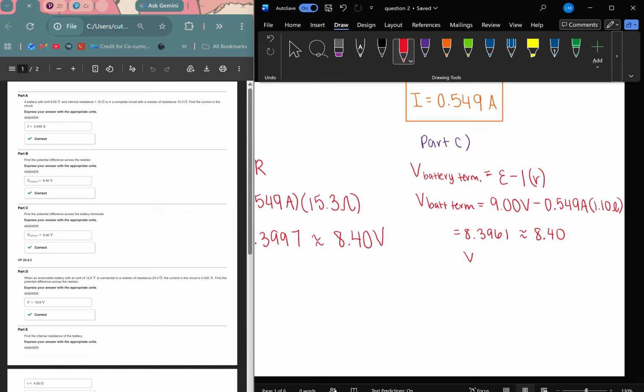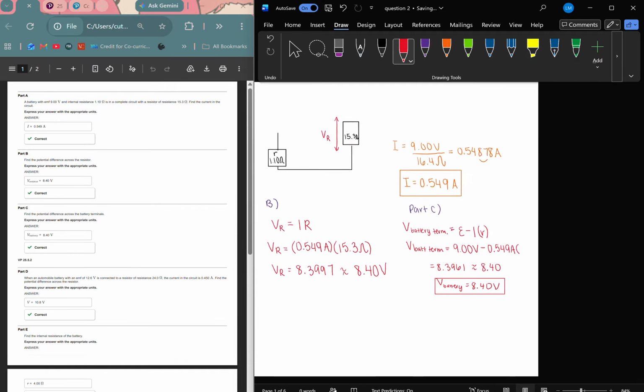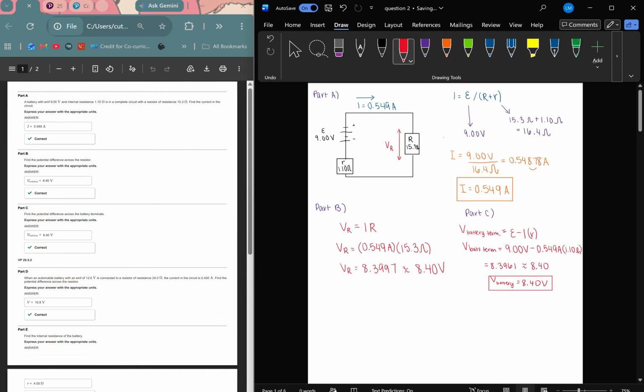So that's why I got the answer of 8.40 volts. Don't forget the V. If you notice, this is the exact same number as the voltage across the external resistor. This makes sense because the battery terminals are directly connected to the resistor.